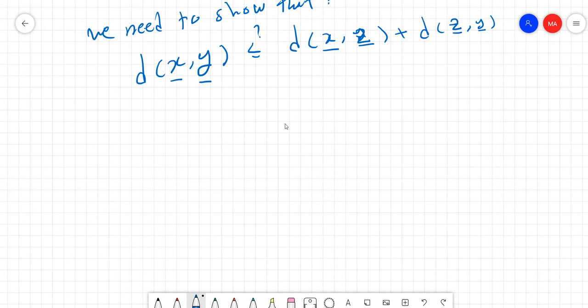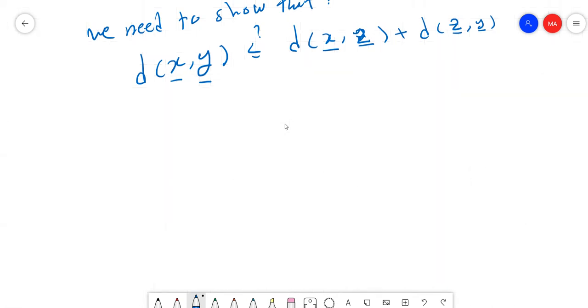Indeed, we can prove such an inequality, but we need to recall some facts about famous inequalities between real numbers. It happens in such cases in metric space or other similar spaces.